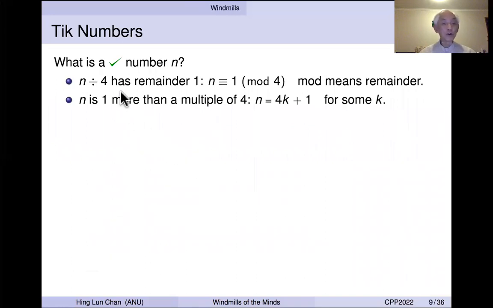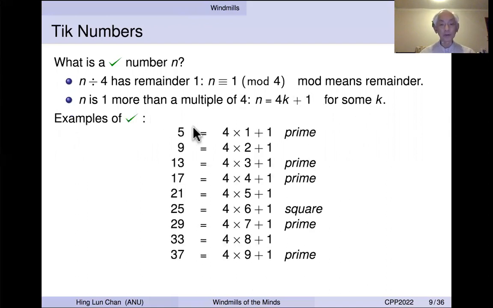We try to recall what is a tick number. A tick number n, when divided by 4, gives us a remainder of 1. This is the way to express it in a mathematical way. The mod means remainder, but it actually means that number n is 1 more than a multiple of 4, which we can express in this way: n equals 4k plus 1 for some value of k.